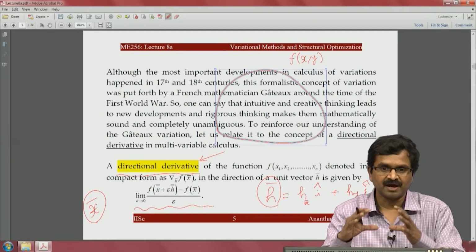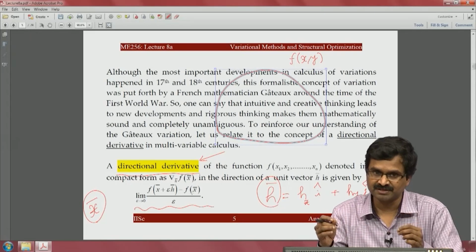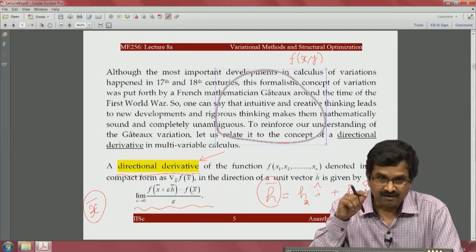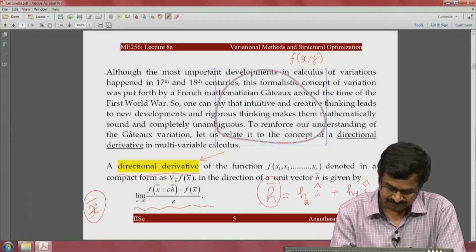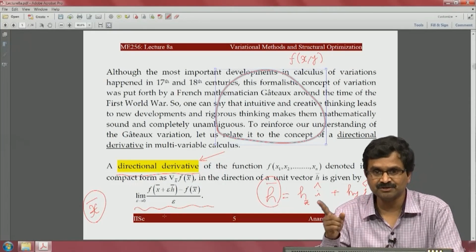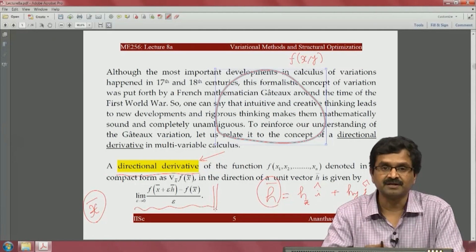If we have a functional and you have chosen a function y of x, then the rate of change of that functional with respect to that y of x is the Gateaux variation. As shown here, the directional derivative is similar. In one direction h that you choose, what is the rate of change in that direction? It is given by this definition of the directional derivative.